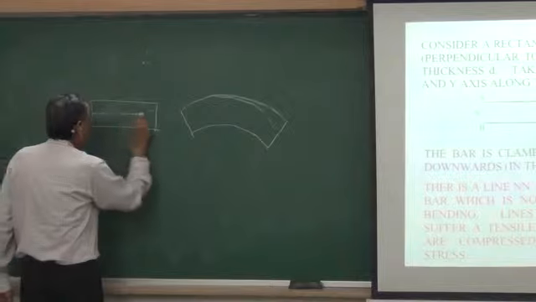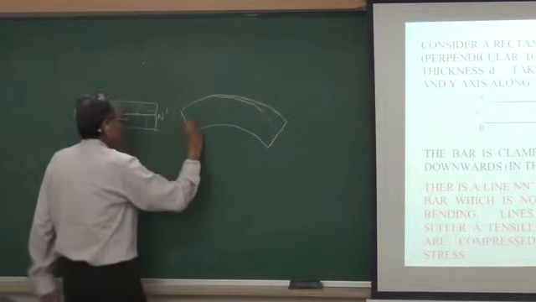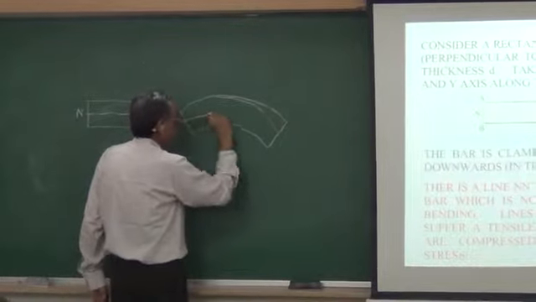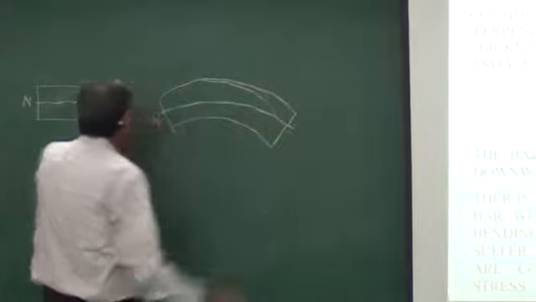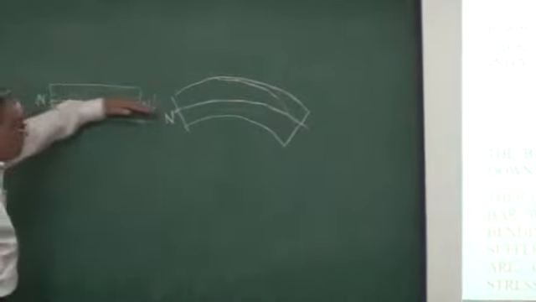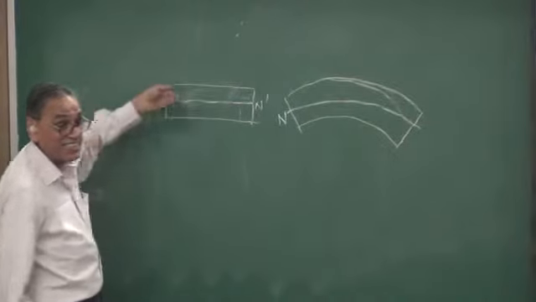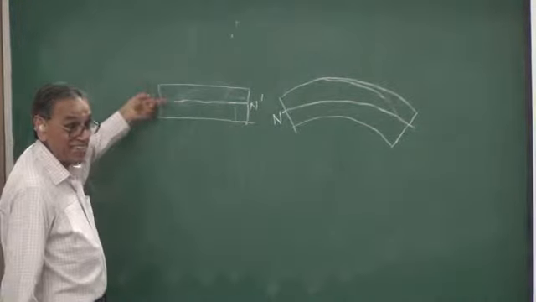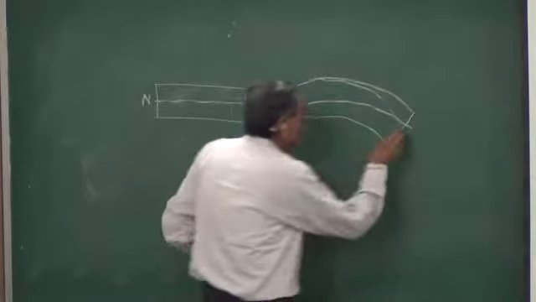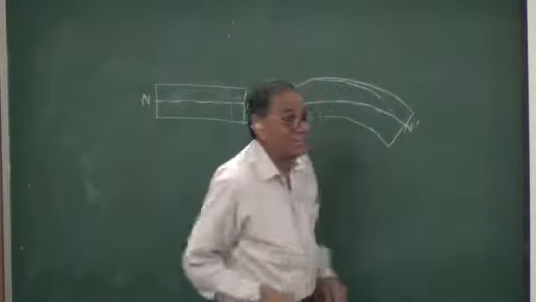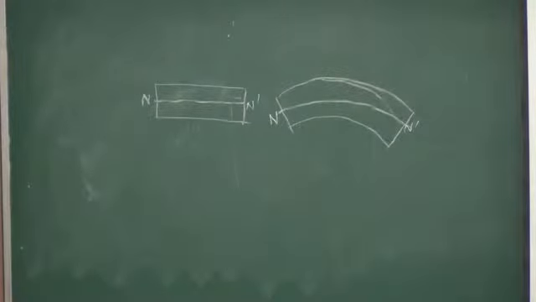This is the neutral plane, and this is the line. This line N dash is in the neutral plane. Thickness is in this direction. So this line N dash will now be bent, but has the same length as the original N dash.